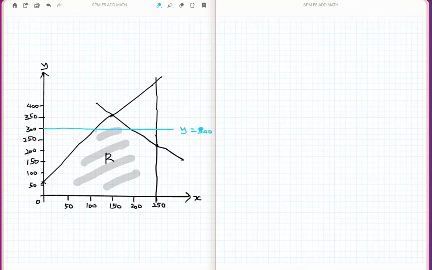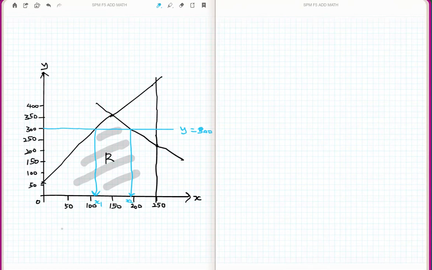So the range for us would be somewhere from here. You need to draw a straight line using a ruler instead of freehand. Here to here. My scale is not up to scale, so you can't really read it. So therefore you find what's this answer, and what's this answer.